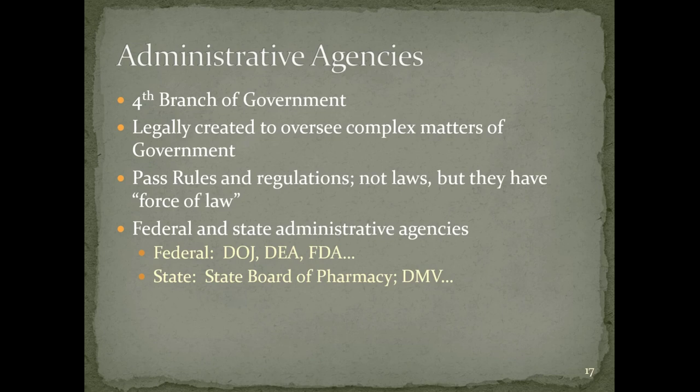They're there to do those particular fine-tuned things under that law, because the legislators that passed the Food Drug Cosmetic Act usually aren't experts to do the things needed. So the FDA, under the Food Drug Cosmetic Act, passes the rules and regulations, but they are not the legislators. They are not the ones that are voted in to pass the laws. Other examples would be the Department of Justice, the DEA at the federal level, and your state board of pharmacy at the state level.